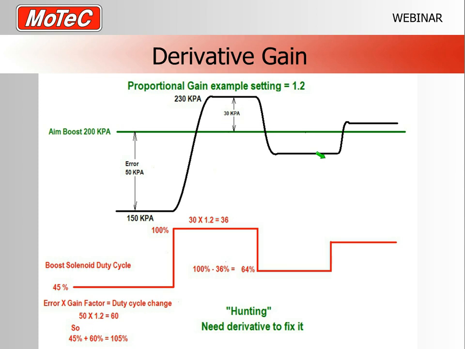Don't be thinking that the boost is going to just respond instantly like a throttle response. There's always going to be an amount of time required for the boost to build and be measured by the map sensor. So as you use more proportional, you'll need the braking effect.